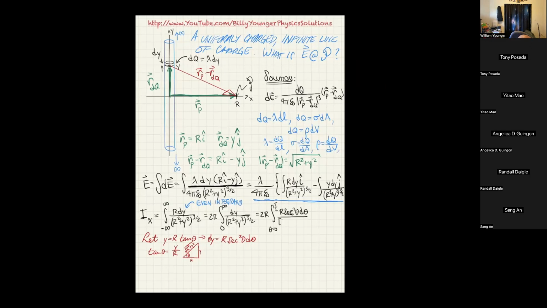I'm going to factor out an r squared, because by making y equal r tangent theta, I'm going to have an r squared in both terms. So I'll say r squared times 1 plus tangent squared theta, all that to the 3/2 power. Anybody have any questions with that so far?